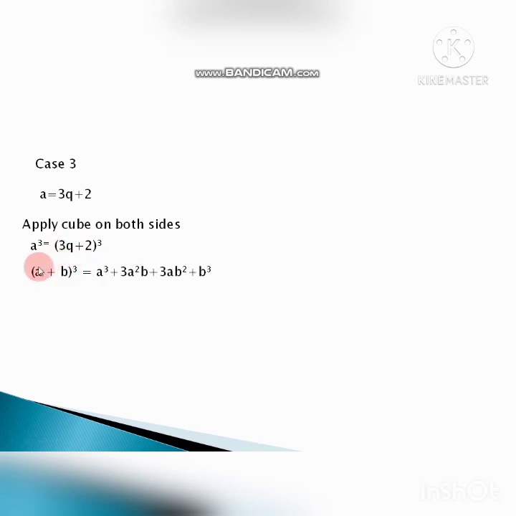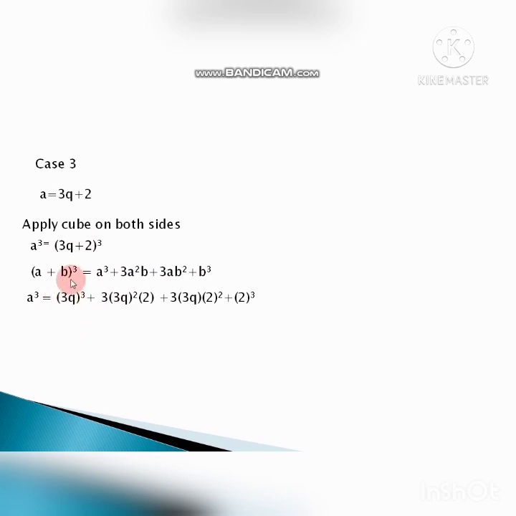Now case 3. What is case 3? a is equal to 3q plus 2. Apply cube on both sides because we have to show the cube of any positive integer. So a cube is equal to 3q plus 2 whole cube. Again the same formula: a plus b whole cube is equal to a cube plus 3a square b plus 3ab square plus b cube. Substitute the values of a and b: a is 3q and b is 2.